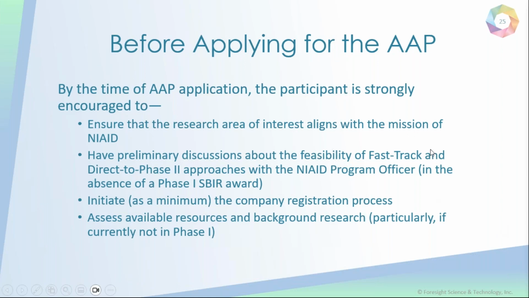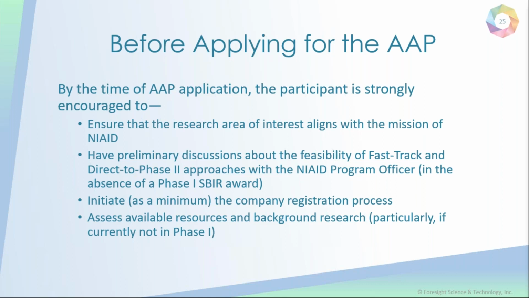So again, going back a little bit to what Hejao said in her presentation. Before you decide to apply for applicant assistance program, we strongly encourage you first to ensure that your research is within the area of research interest of NIAID.